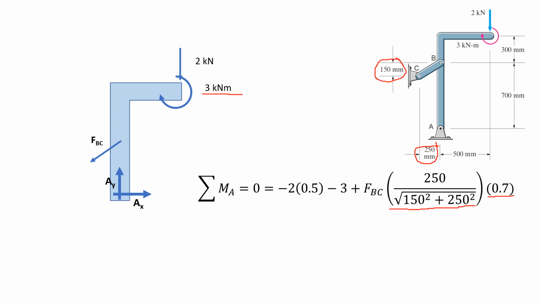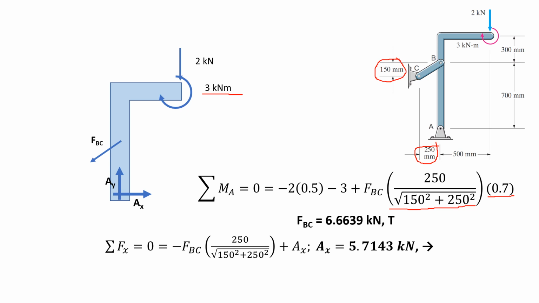So remember that we are summing moments. Of course, for the 3 kilonewton meters, you do not need a moment arm. So we get FBC to be 6.6639 kilonewtons. And since we were able to get a positive value again, it would be tensile.